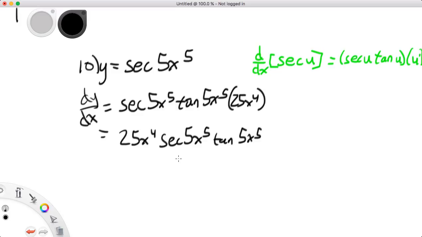Okay, and we'll just rewrite that as 25x to the 4th, secant 5x to the 5th, tangent 5x to the 5th. All right, and then cotangent would just be negative cosecant squared u prime. So it's almost exactly like the one for tangent, which we just did.